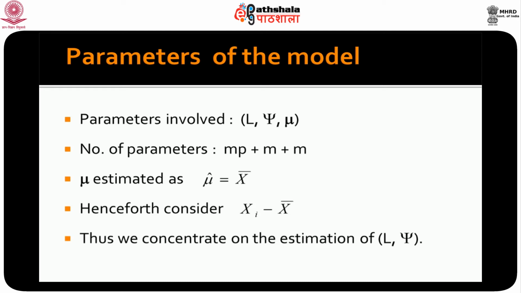But then the mean of the process, as is always done, can be obtained from x bar. So, mu hat as always would be x bar, and what we will work with is basically x minus x bar, that is the corrected model, which would be equal to L f plus epsilon. And now we would just be looking at the estimation of the elements of the matrix L as well as the diagonal elements of psi.